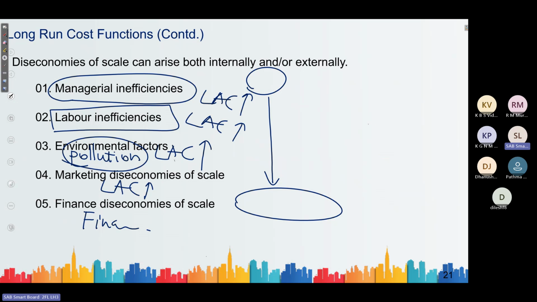So there may be some losses at the end. Therefore, ultimately, long-run average cost will be high. So these are the reasons for diseconomies of scale. In diseconomies of scale, long-run average cost rises. So these are the reasons why the long-run average cost may rise in the long run at excessively large scales.